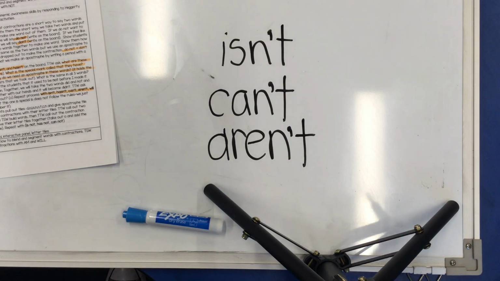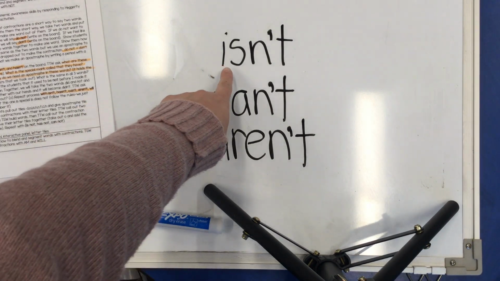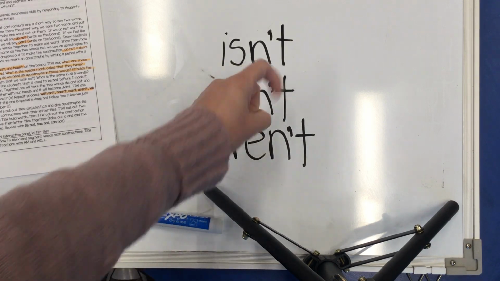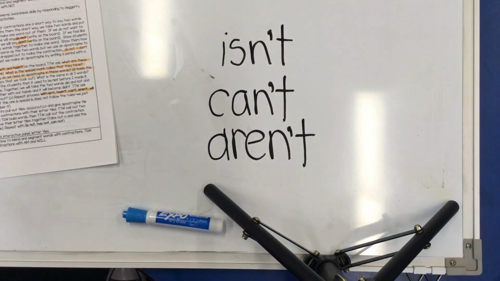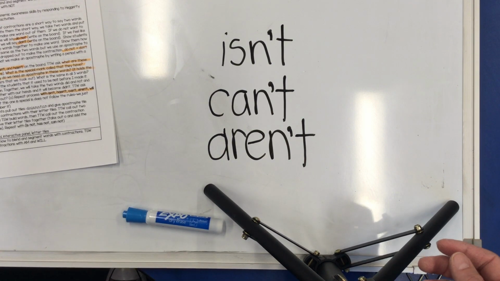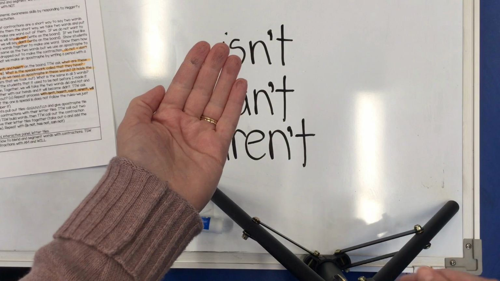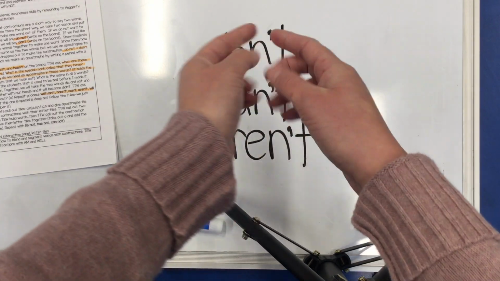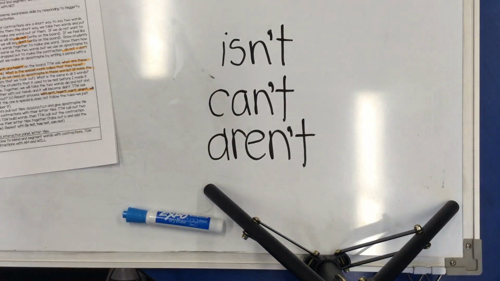Okay, so let's look at these words. All right, this is the word isn't. Isn't. So let's take our two long words. So isn't would be what two words? It would be is, not, and we're going to smash them together to make the word isn't.